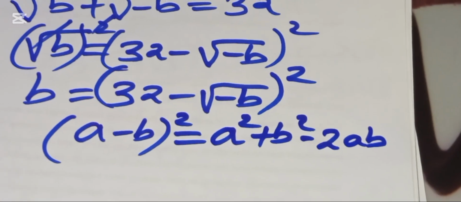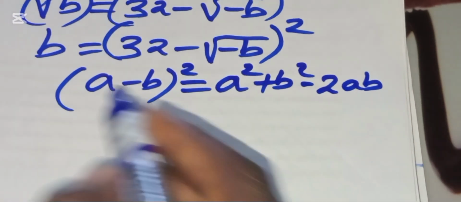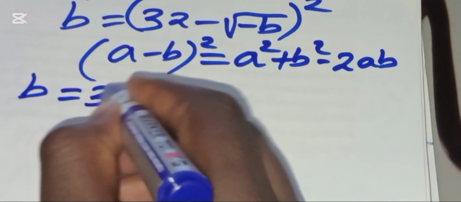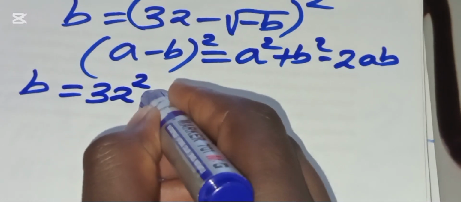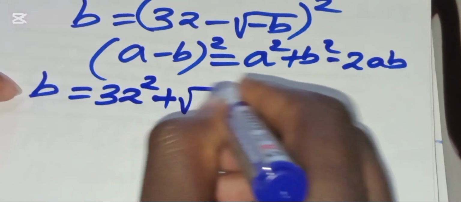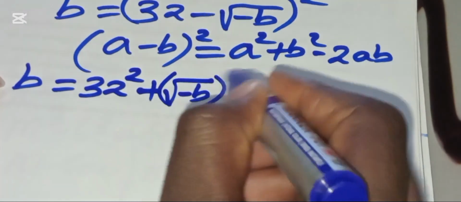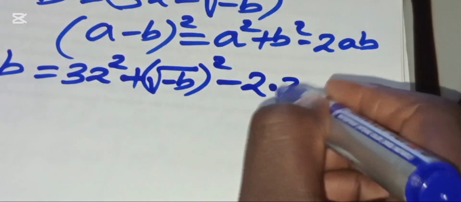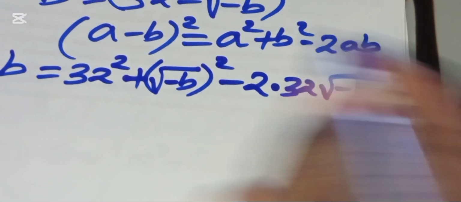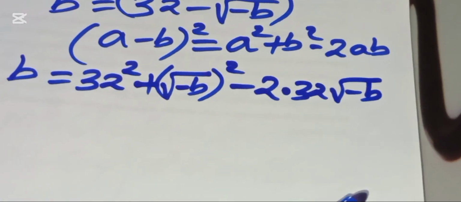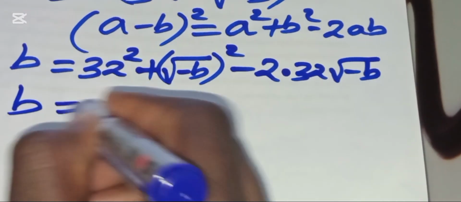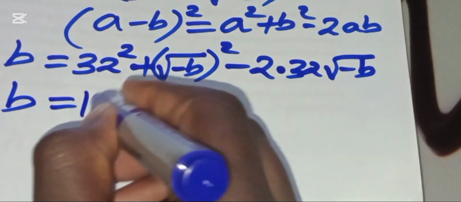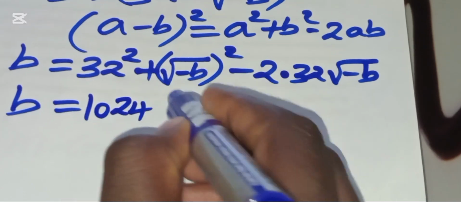So let's apply this property, so that we'll have b equal to 32 squared plus the square root of negative b squared minus 2 times 32 times the square root of negative b. All right, now from what we have here, b is equal to 32 squared, and 32 squared is equal to 1024.